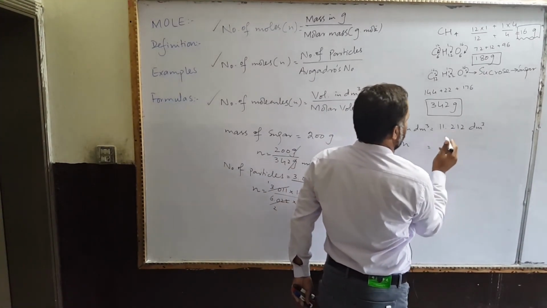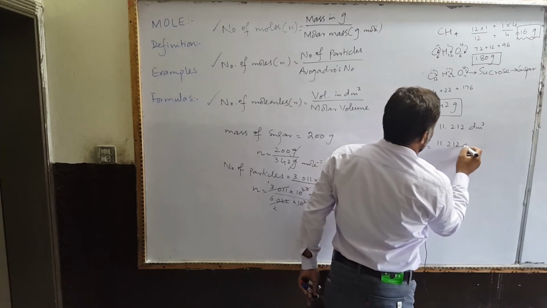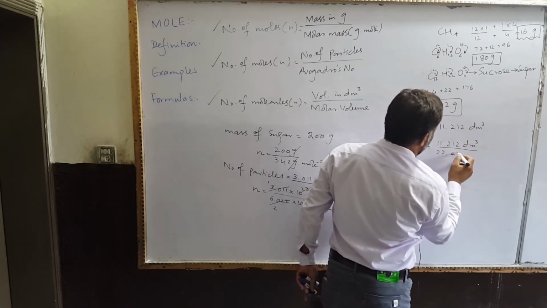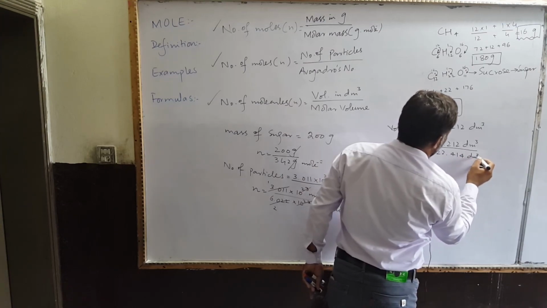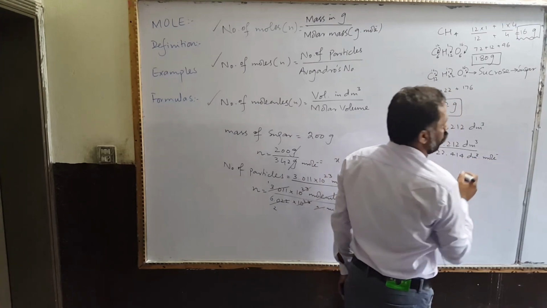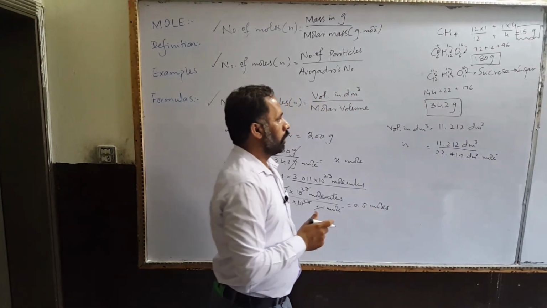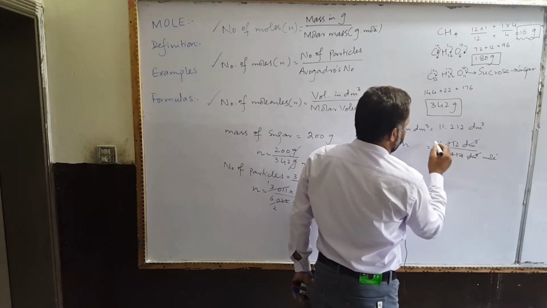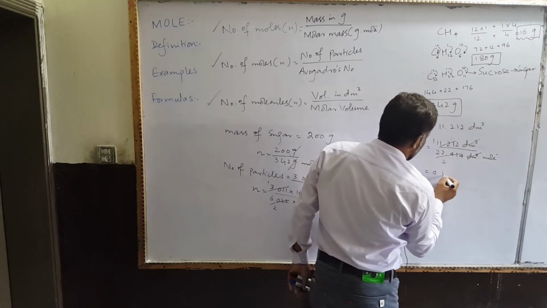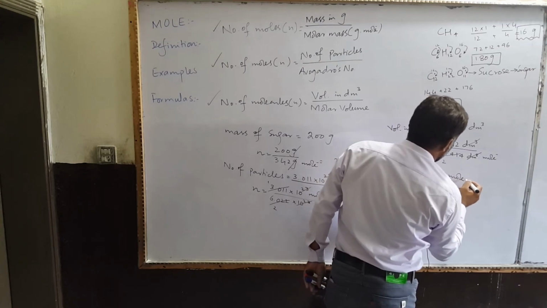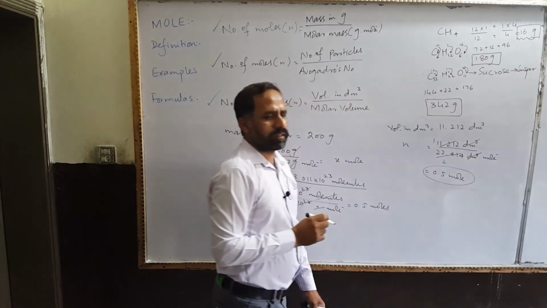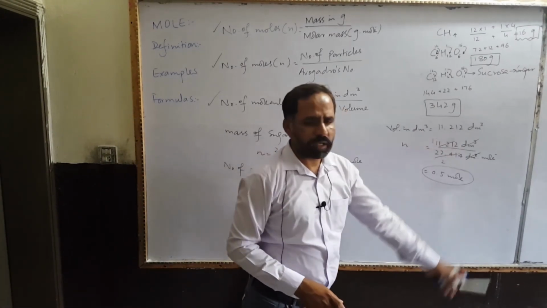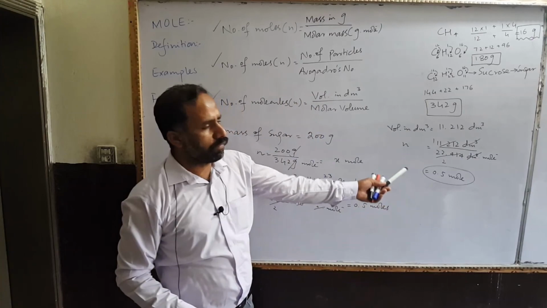Volume given 11.212 decimeter cube divided by 22.414 decimeter cube per mole. We have discussed this molar volume in the last class. Decimeter cube cancel, 11.212, 1 by 2 will be equal to 0.5 mole. It means any gas which has its volume equal to 11.212 decimeter cube will have 0.5 moles.